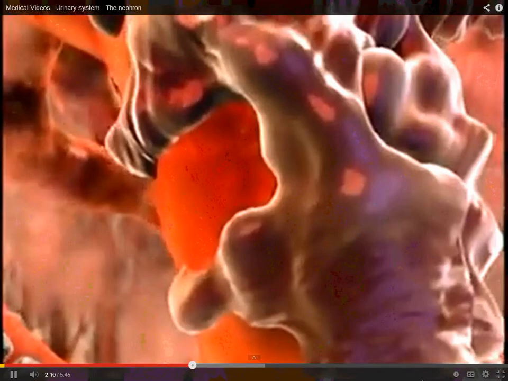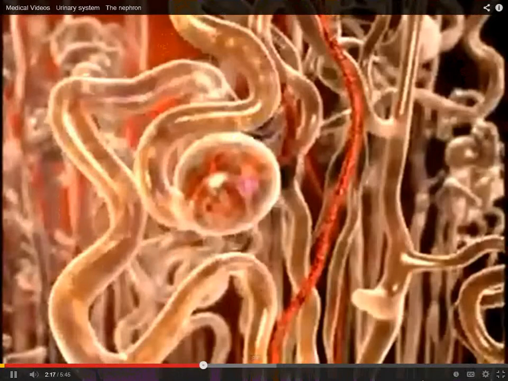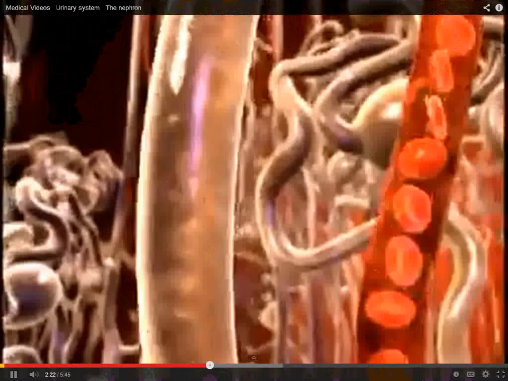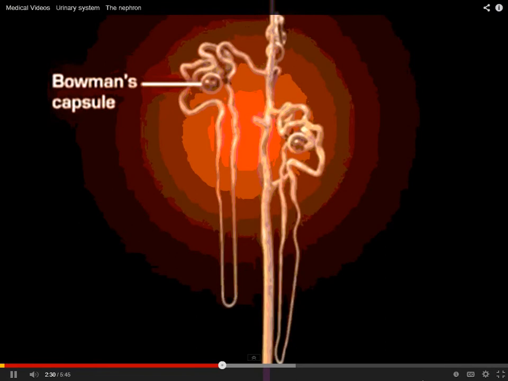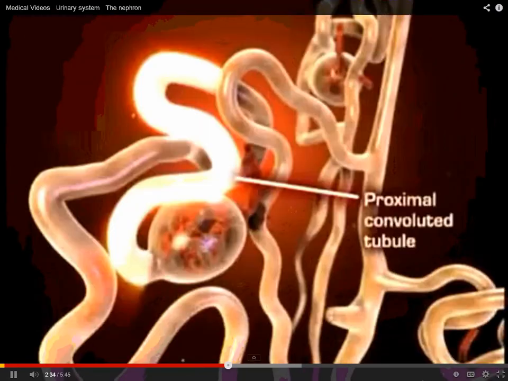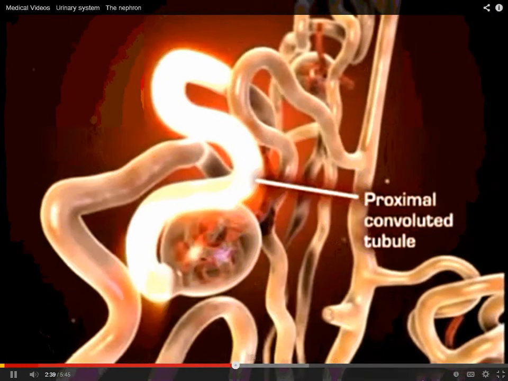Then there is the juxtaglomerular system. In the tubule, some substances are reabsorbed as part of urine formation, and these are absorbed out of the filtrate and back into the blood. Before reaching the ureter, there is a highly coiled segment called the proximal convoluted tubule, right after Bowman's capsule, where absorption of nutritionally important substances takes place.